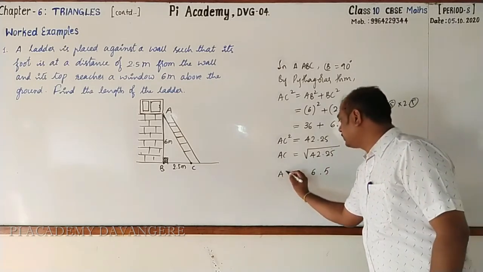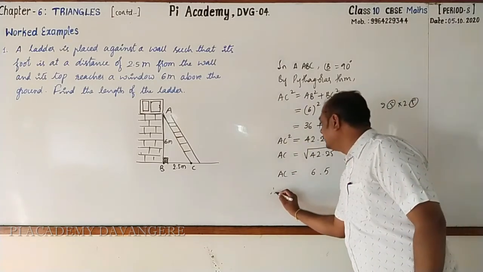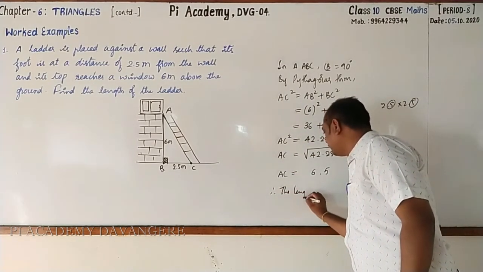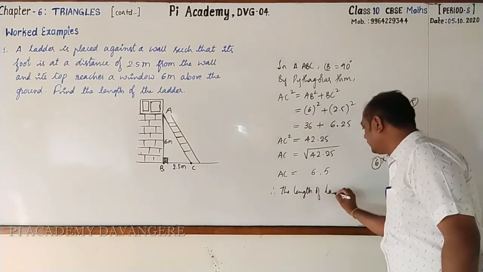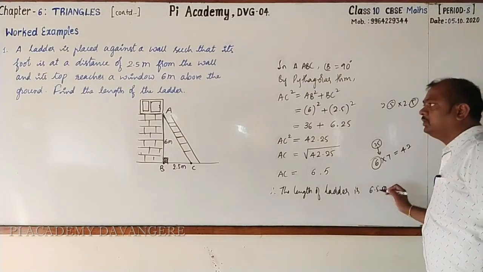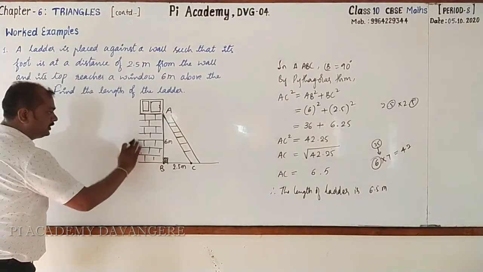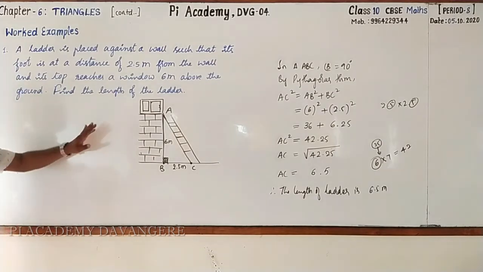So AC is equal to 6.5. AC is nothing but the ladder. Therefore the length of the ladder is 6.5 meters. Dear students, here I have drawn the figure just for the explanation purpose.